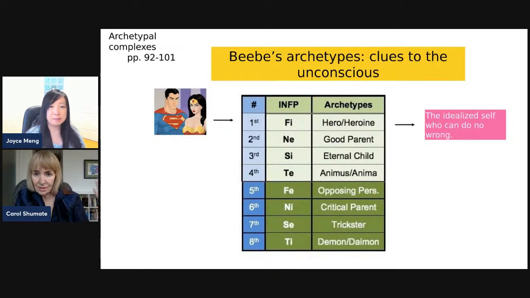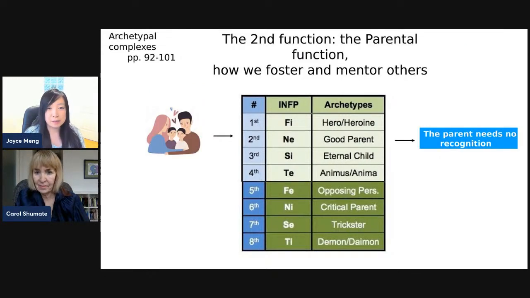So these archetypes give us clues to our unconscious, because the archetypes are unconscious. Let's think of the hero/heroine as the idealized self that can do no wrong. That's often how we think of our dominant function. The second function, the auxiliary function, has parental energy, and that needs no recognition. It's a very lovely archetype.